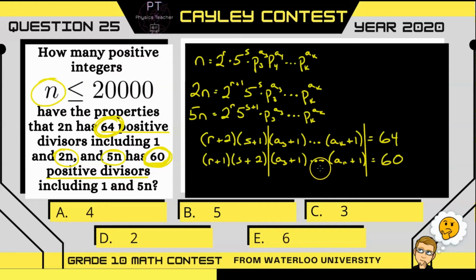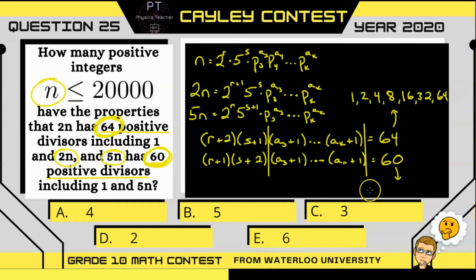And so why don't we look at a common divisor for 64 and 60. 64 has the following divisors: 1, 2, 4, 8, 16, 32, and 64.